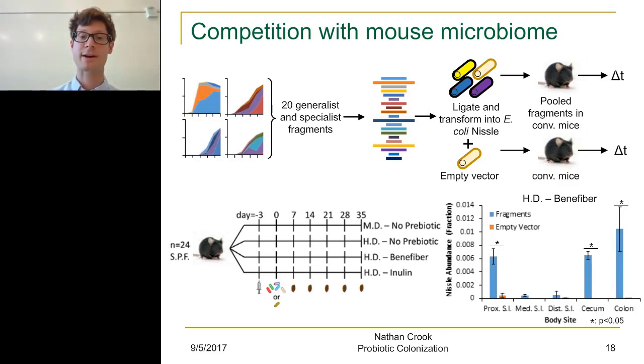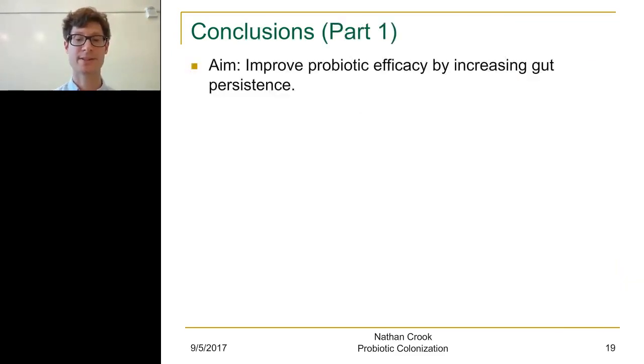And so we're trying to figure out which ones of these 20 fragments enabled colonization and also why, because that is also a very, very important question. So this is an exciting result that motivates us to continue working on this. So that's the current status of that project.